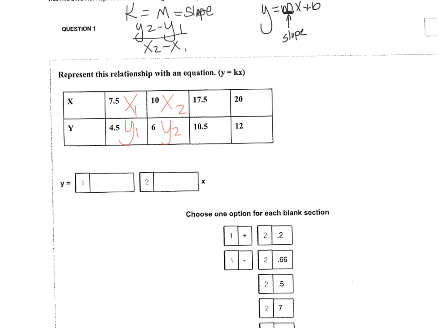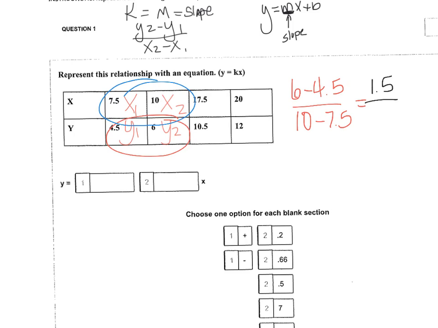So when I go to use the slope formula, I'm going to subtract my y, so that would be 6 minus 4.5, and then 10 minus 7.5, okay? Subtracting my y's on top of my x's. So when I do 6 minus 4.5, I get 1.5, and then 10 minus 7.5, I get 2.5.